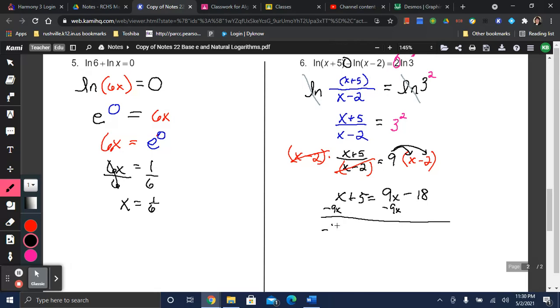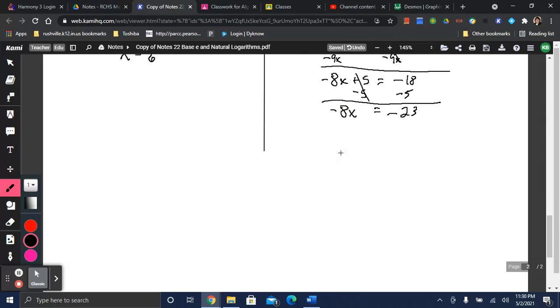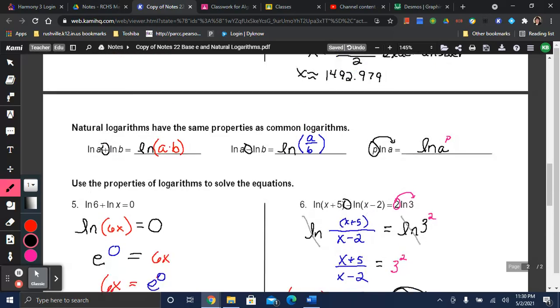So that would give us negative 8x plus 5 equals negative 18. Subtracting 5 from each side, we get negative 8x equals negative 23, and then we can divide both sides by negative 8, and we do get a fraction answer. We're just going to leave it like that. A negative over a negative is a positive answer. So 23/8 for that answer.